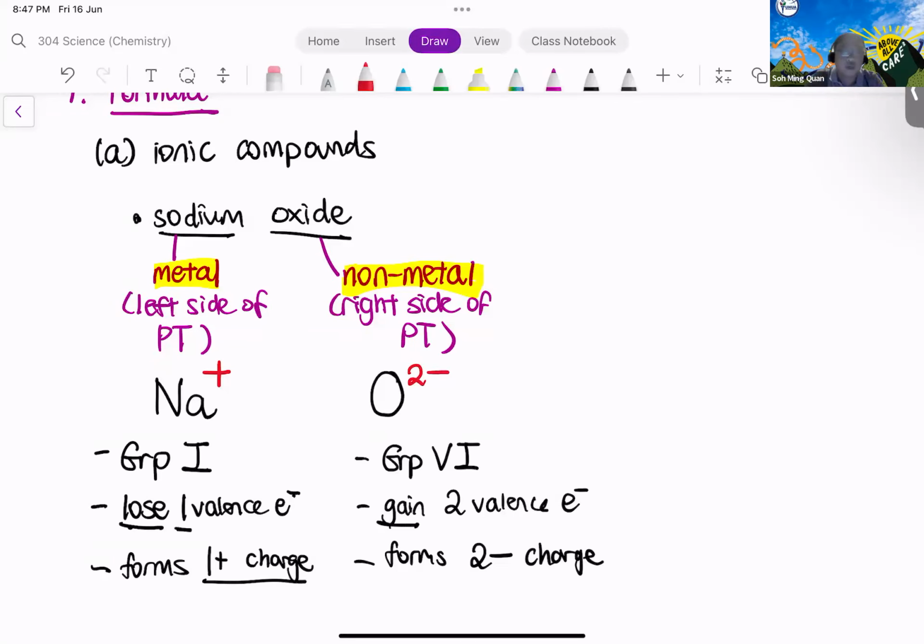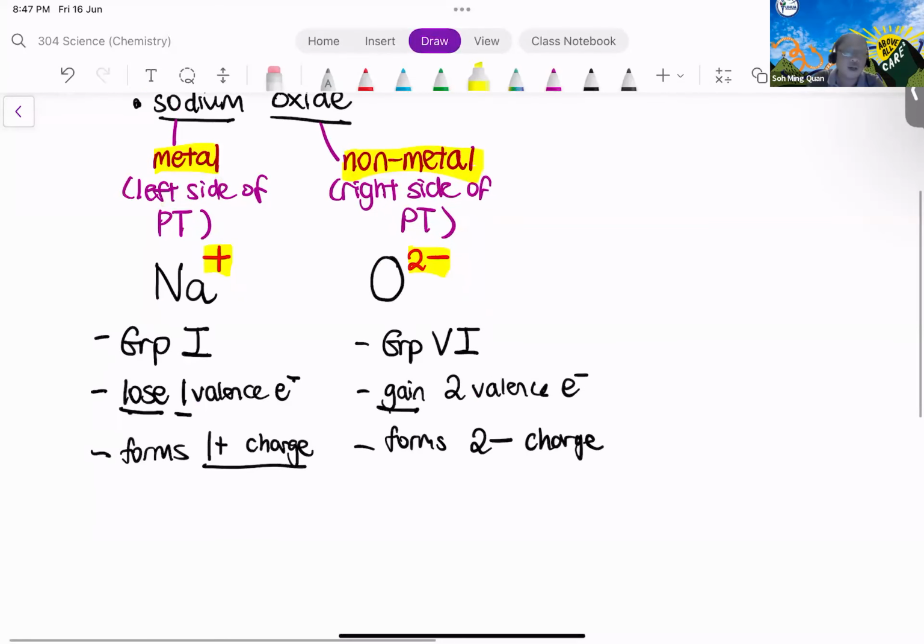Like I said, you need to go through these steps of locating the elements, locating the group number, and working out whether it loses or gains valence electrons. Once you work that out, then you know the charge. You must figure out the charge first. Once you have figured out the charge, your chances of getting the formula correct are very high, because you realize that the charges are not the same.